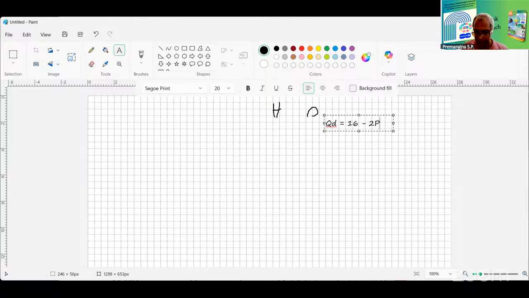That is Helen's demand. In our case, we have another person. His demand function is 8 minus 1P. These two individuals: one is QD equals 16 minus 2P, that is Helen.